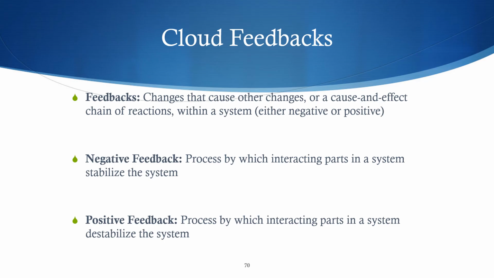Something's going to change, but then whatever changes is going to regulate itself back down to the original state of the system. With positive feedbacks, those interacting parts destabilize the system, and the system does not go back to its original condition. It has to go to a new condition.